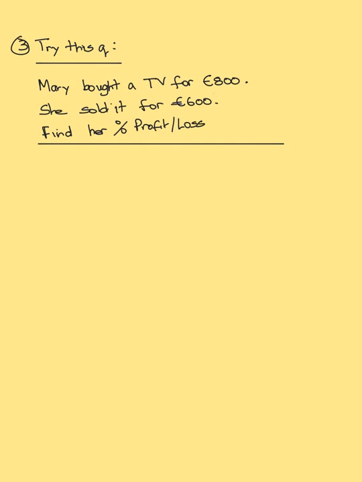So don't forget to write out the cost price, the selling price, and then whether she makes a profit or a loss. Don't forget then to use the formula for finding the percentage profit or loss. Write it down and use it. So look back to the example and try this question. Okay.